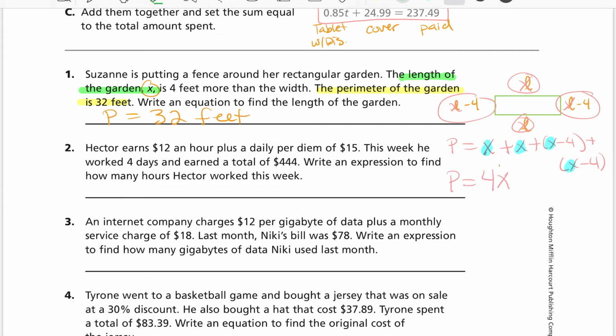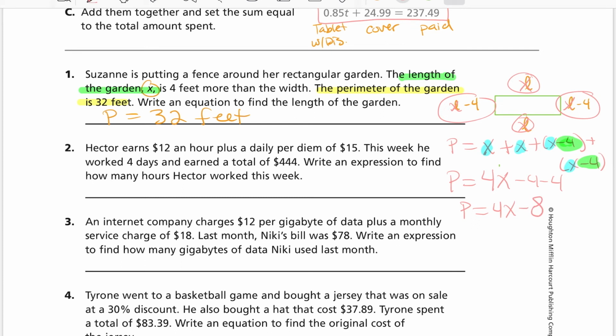And then our other set of like terms is our subtracting 4. So minus 4 minus 4. What is subtracting 4? So you're going to the left, and then you subtract 4 more, so you've been going farther down that number line. You have 4X minus 8.